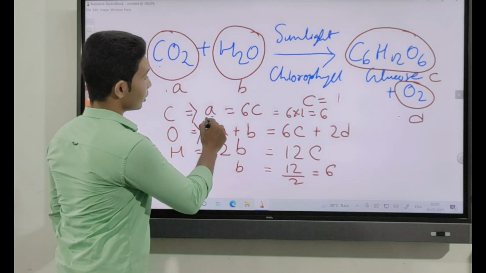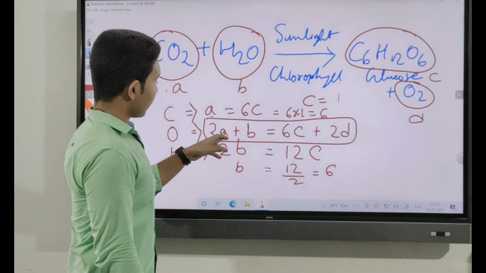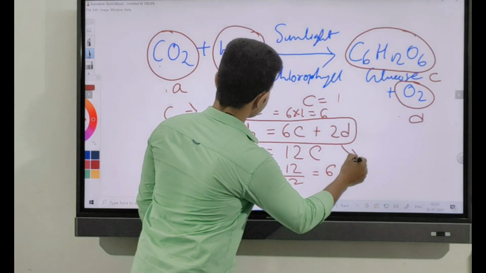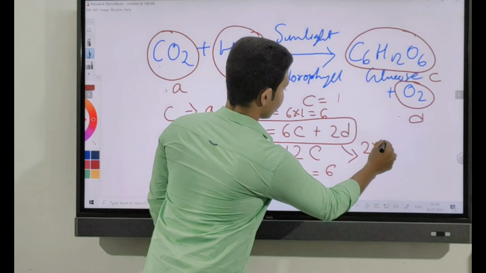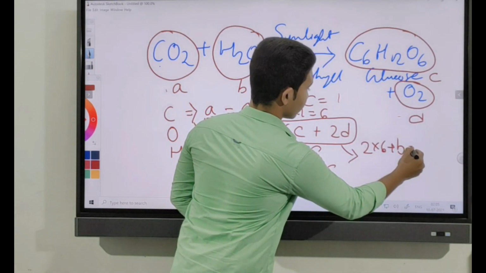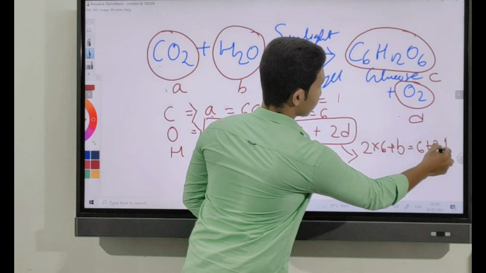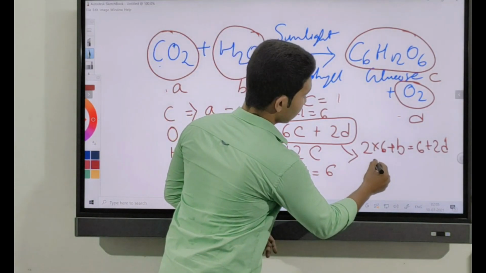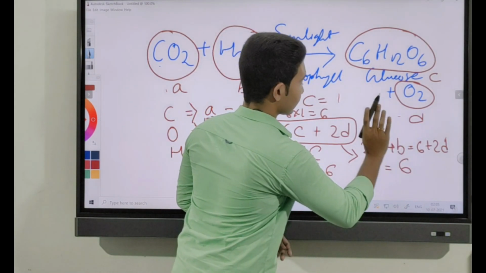The last equation you need to solve is this one, right? We have the values of A, B and C, so let's put those values into the equation. It comes 2 into 6 plus B, then C also we have 6 into 1, 6, and what we don't have is the value of D. After solving this, we find the value of D also comes 6.